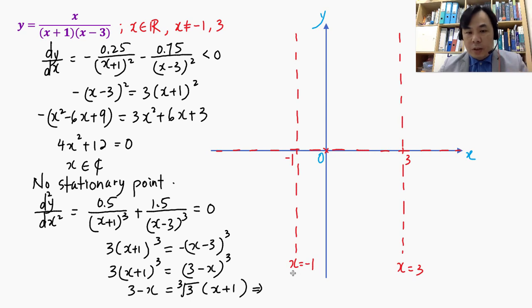All right. So from here itself, we should be able to obtain an inflection point, sorry. So that is actually 1 plus root 3, let me see, is x. And then thereafter we have 3 minus root 3. Okay, and then there you have it.